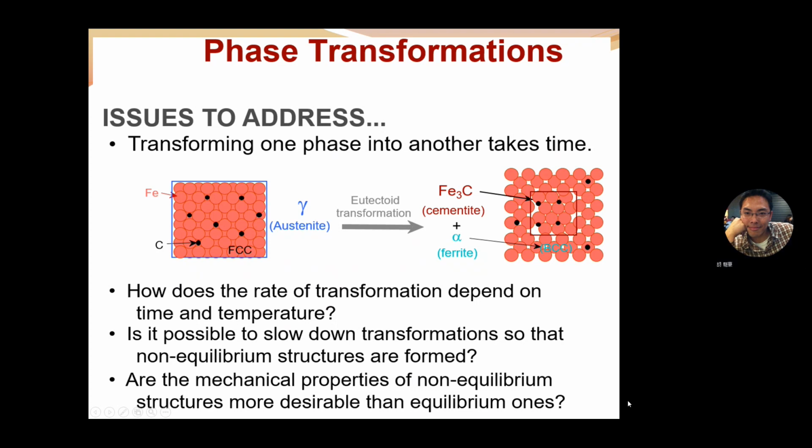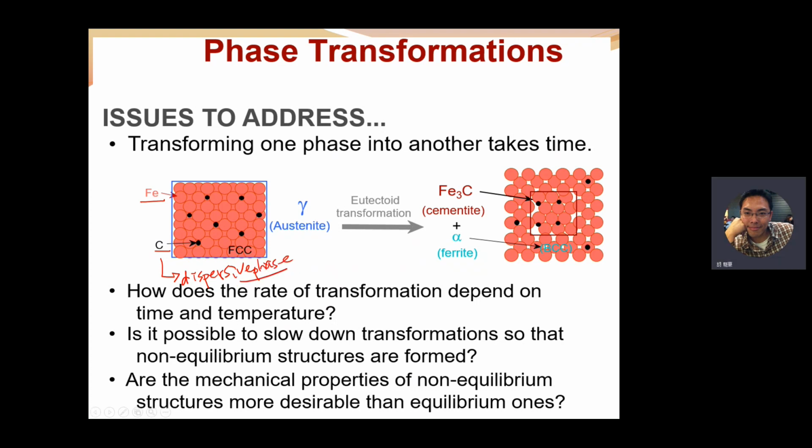Okay, it's a steel. So what's the function of carbon atoms in the iron matrix? It's like a disperse phase, right?